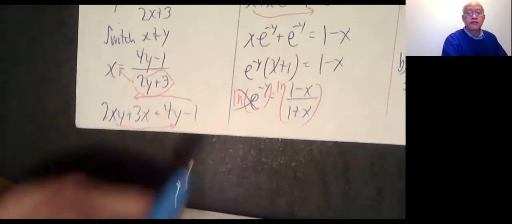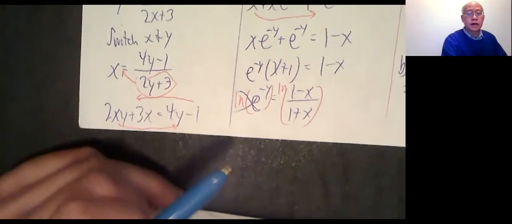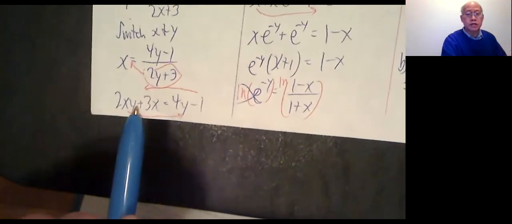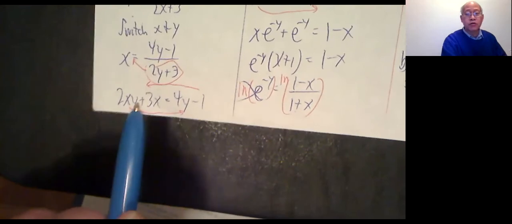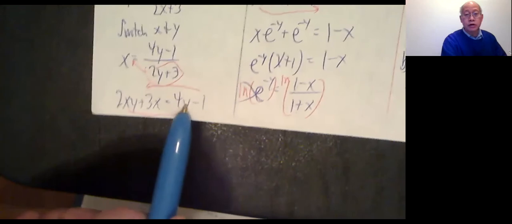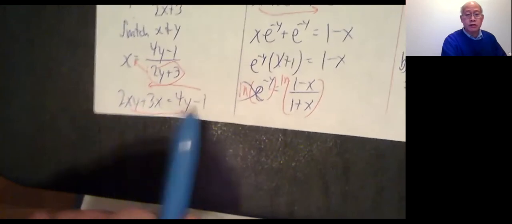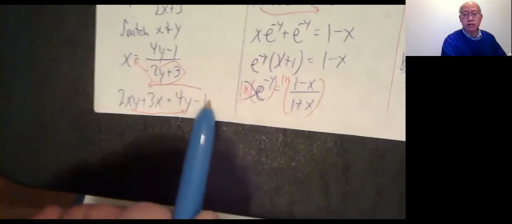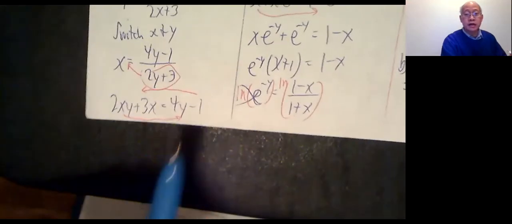So how do you solve for y? Get all the y's on one side and get all the x's on the other. Now, you can solve it with putting all the y's on this side, but I'm going to prefer to have the y's on the right side because I'll have fewer negative symbols. If I subtract 4y, subtract 3x, I get a negative and a negative on this side. I'd rather have positive, positive, although you get the same answer either way. So I'm going to instead add 1.